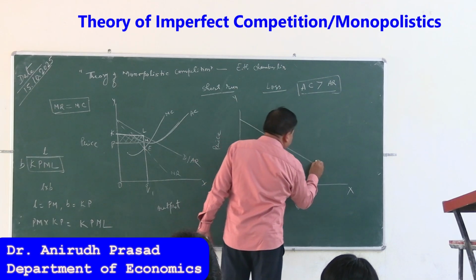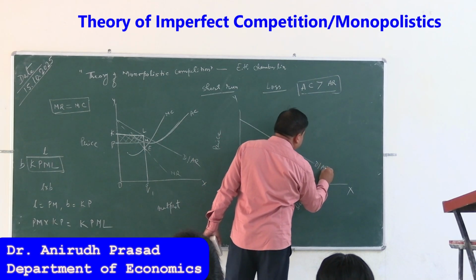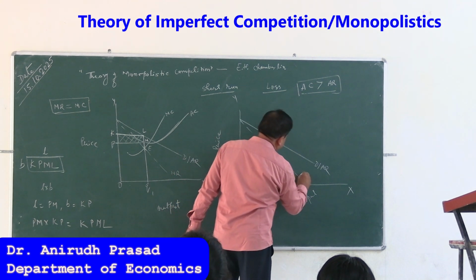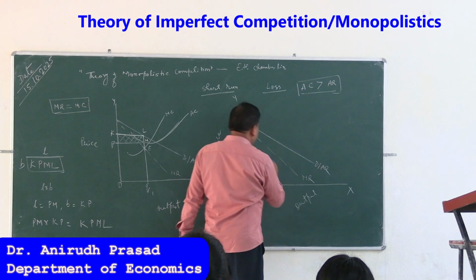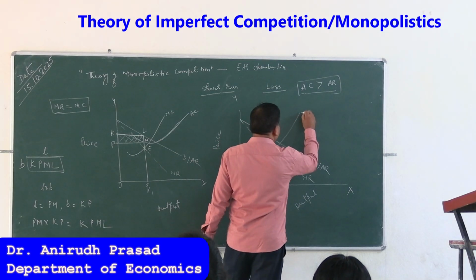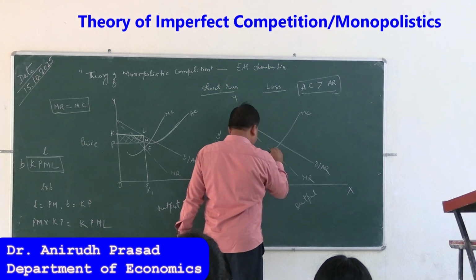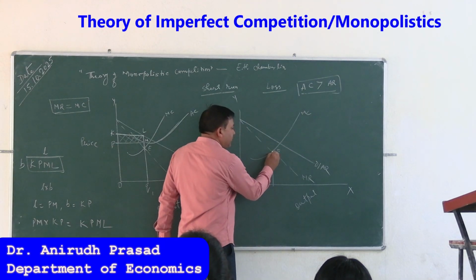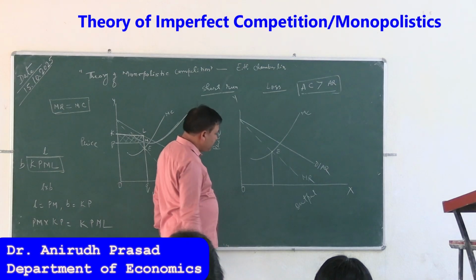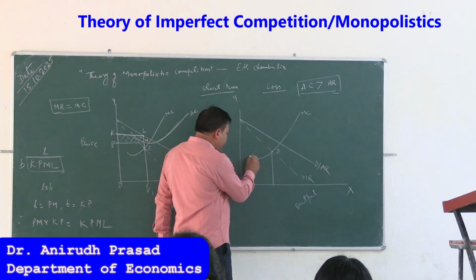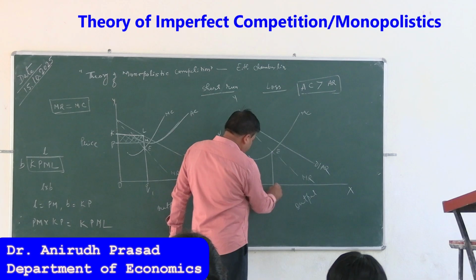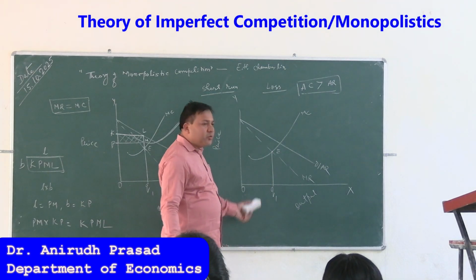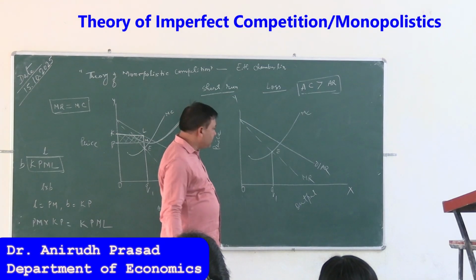Same demand curve, same MR curve. Again MR is equal to MC. This will be the equilibrium point, denoted by E. At this equilibrium point, OQ1 output is produced or sold in the market.